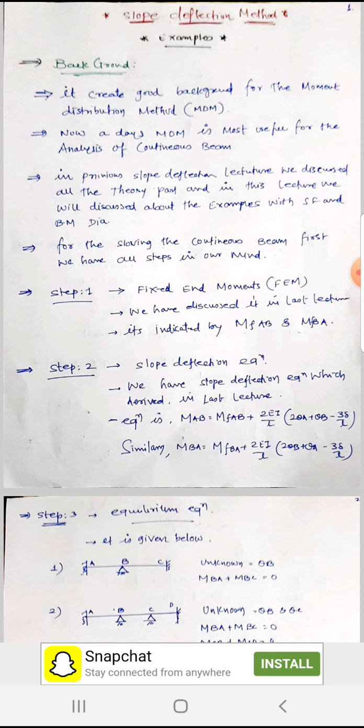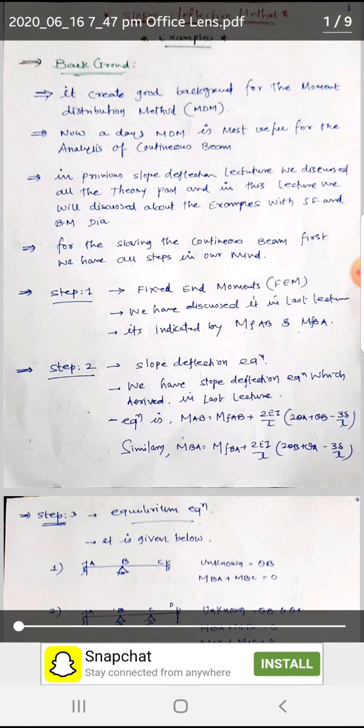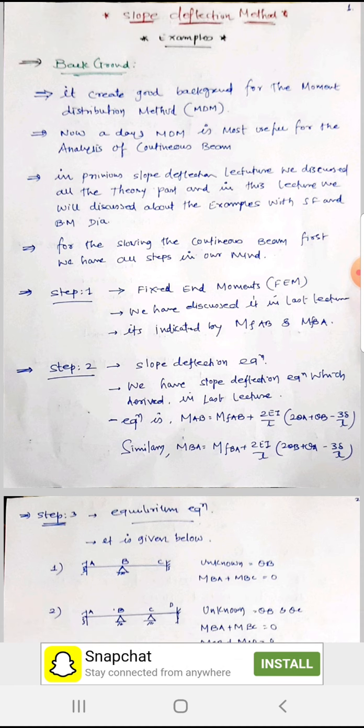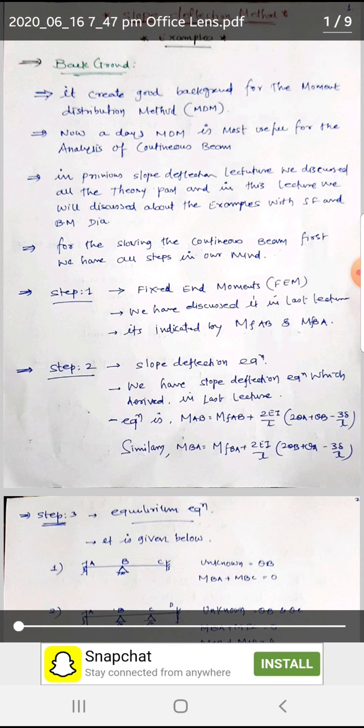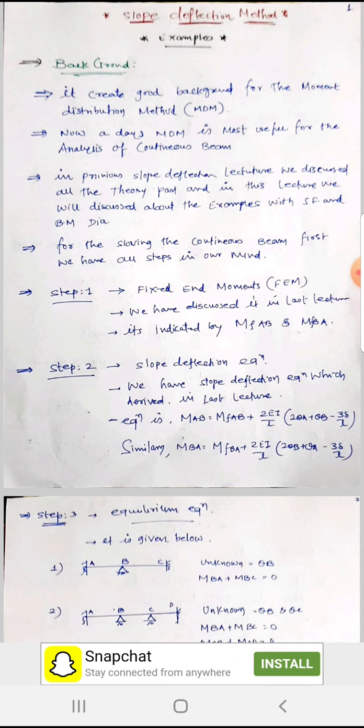Nowadays, the moment distribution method is most important for the analysis of continuous beams. In the previous lecture, the slope deflection method was discussed, all the things, and today we are discussing examples with shear force and bending moment.